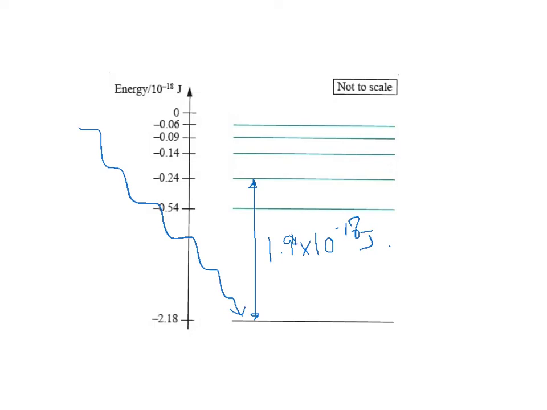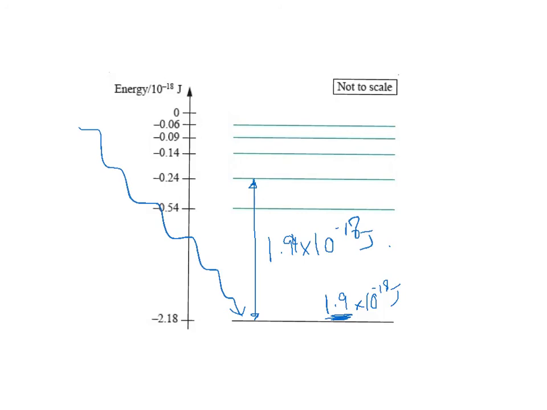If it didn't have exactly 1.94 times 10 to the minus 18 joules, then the electron would not go to that energy level. Let's say it had 1.9 times 10 to the minus 18 joules. There is no energy level which is exactly 1.9 times 10 to the minus 18 joules away, so nothing would happen to that electron.